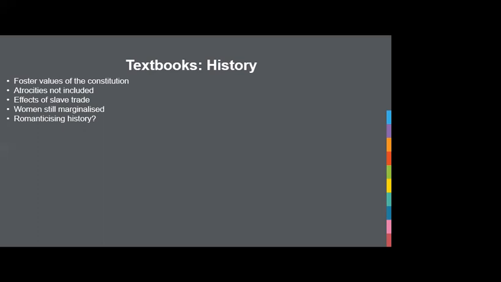Right. So when it comes to textbooks, and particularly history textbooks, the history textbooks basically foster values of the Constitution. And when I talk about values of the Constitution, as I mentioned earlier, things like democracy, social justice and equality, and here in our country, non-racism, non-sexism.